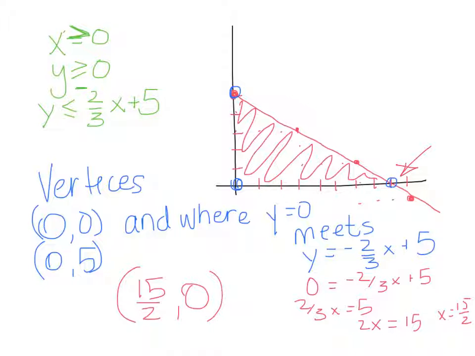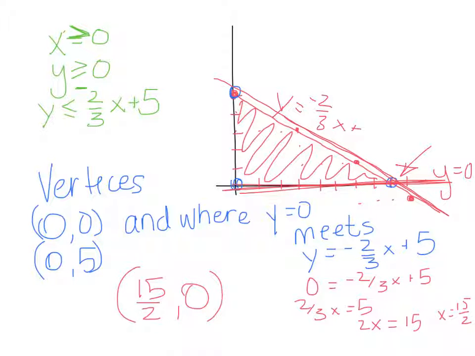So obviously this line right here is meeting with this diagonal line. This is the line y equals 0, and this is the line y is equal to minus 2/3 x plus 5. So those two lines intersect at that last vertex, so I solve the system and find x equals 15/2, which is the correct answer.